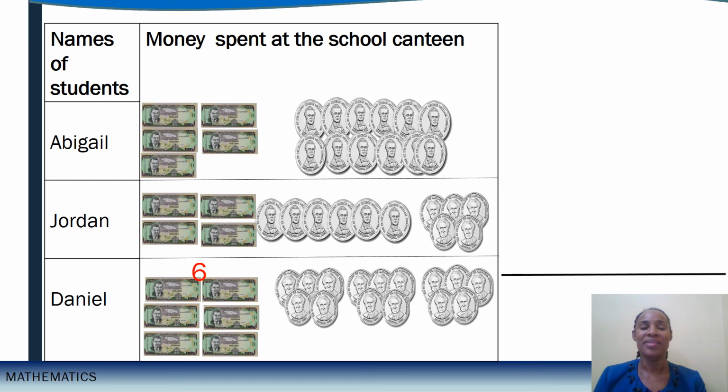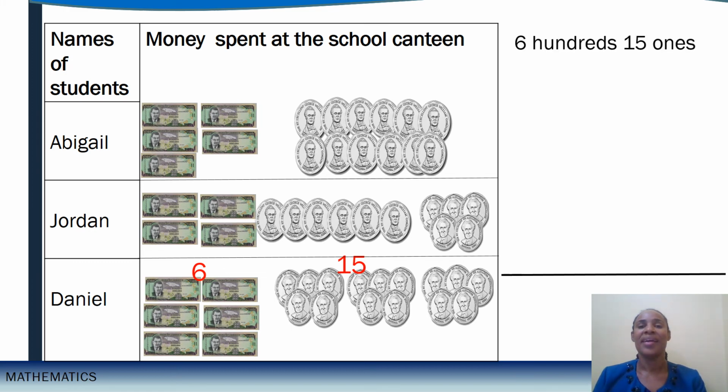We're going to count them together. 1, 2, 3, 4, 5, 6, 7, 8, 9, 10, 11, 12, 13, 14, 15 $1. Daniel spent $600 and 15 $1.